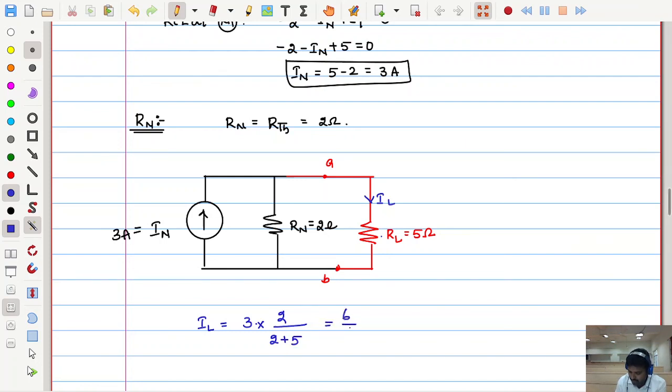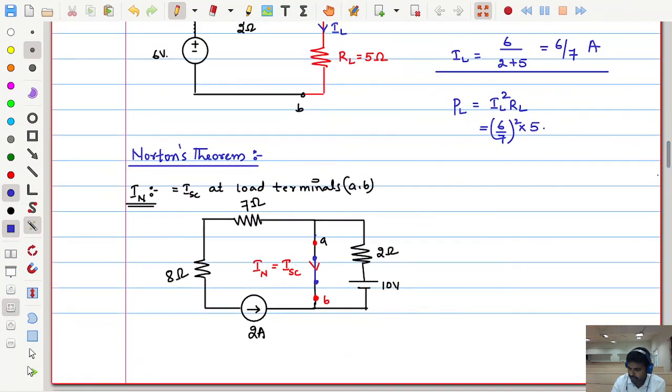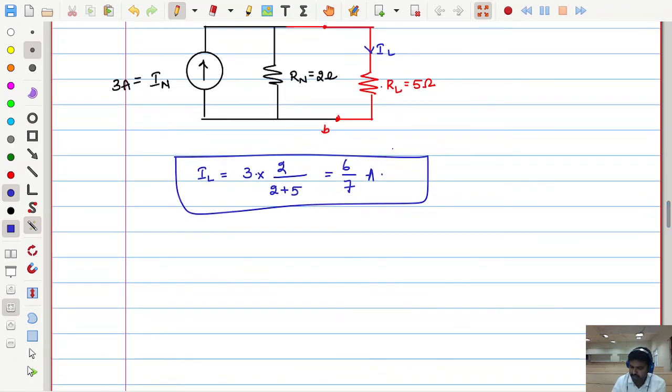So 3 into 2 divided by 7, that is 6 by 7. Did you get the same current? Cross verify. Here also I got the same 6 by 7. See? Whether it is Norton's theorem or Thevenin's theorem, you will get the same amount of current.